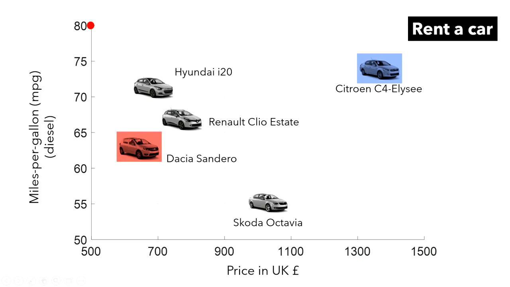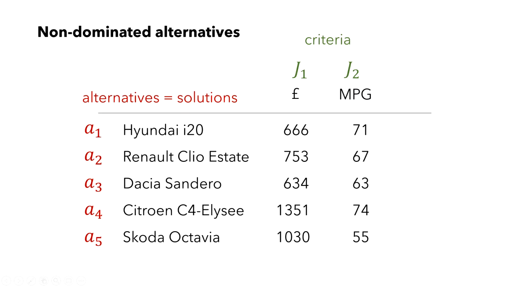Indeed, if you look at the Hyundai, it seems to be fairly cheap and a lot better than the Dacia, slightly worse than the Citroën. So how do I include the Hyundai in my analysis? In order to do so, let's look at some mathematical formulations.